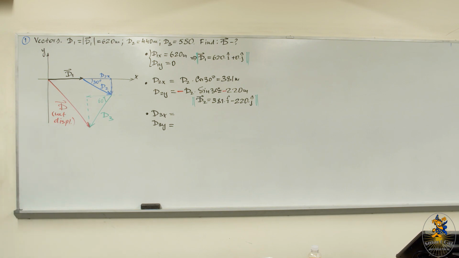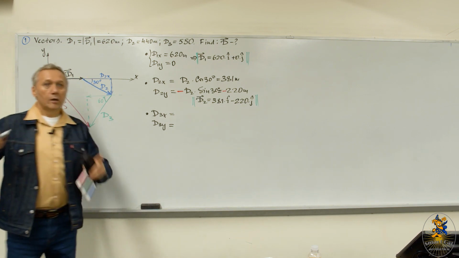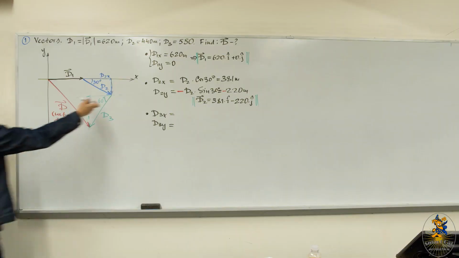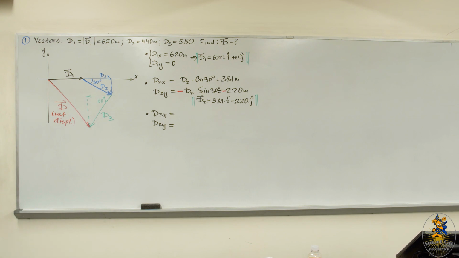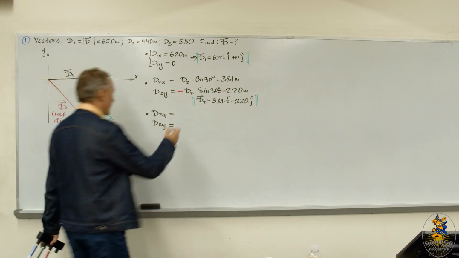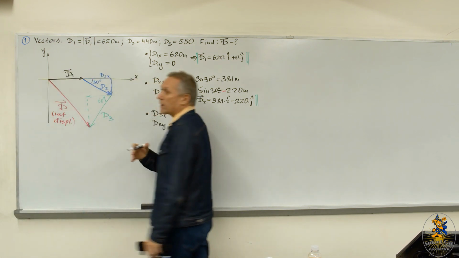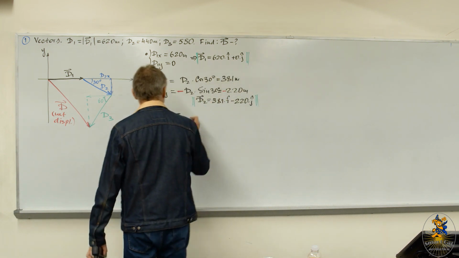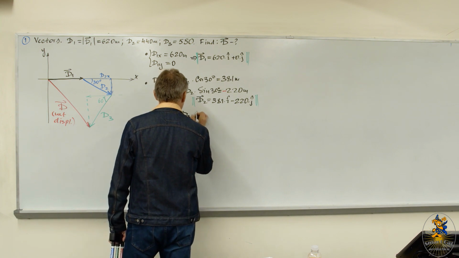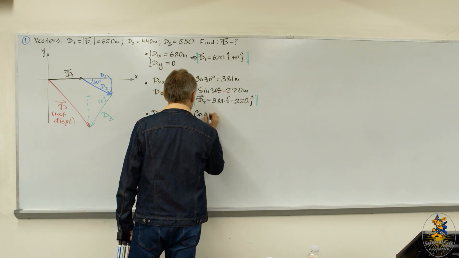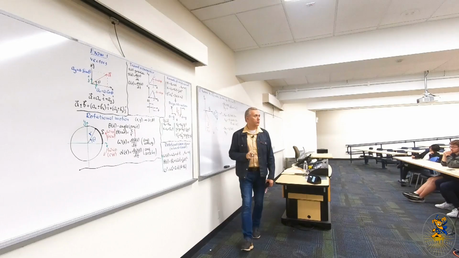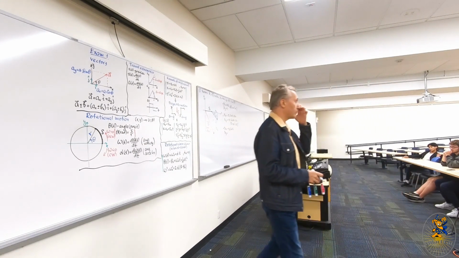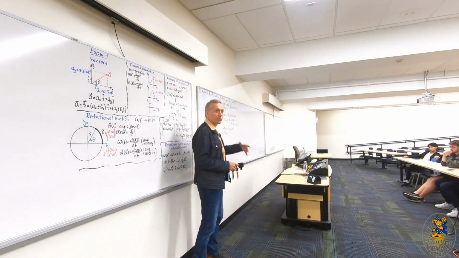So the cosine function must be used. And positive or negative? Negative, right? Because this component is in the negative x direction. And again, we're using the convenient angle, not the conventional. So we need to take care of those pluses and minuses manually. So minus D3 times cosine of 60 degrees. Again, if somebody is not comfortable with these pluses and minuses, we can talk more about that. But I think we discussed it in our recitation classes, and now we're just reviewing.